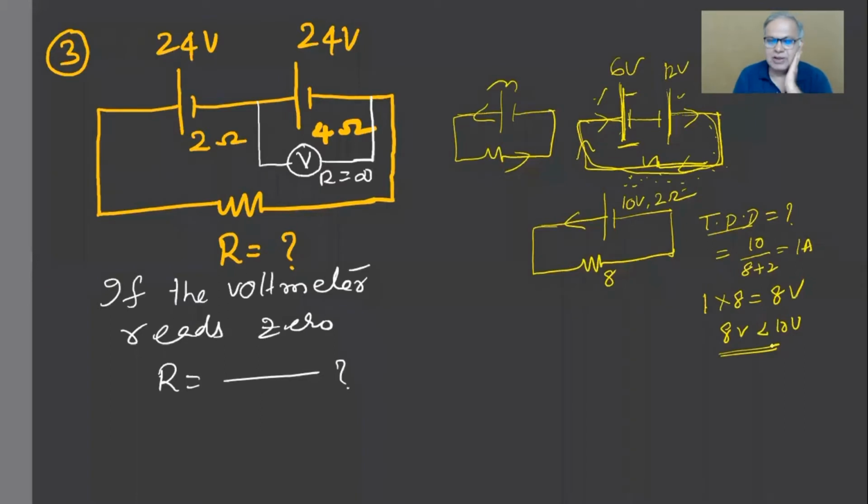So for a single cell, we could always say this. But in a combination of cells, when current is flowing inside a particular cell from plus to minus, in a direction opposite to the direction it would have gone if there was a single cell, the terminal PD can be greater than EMF.